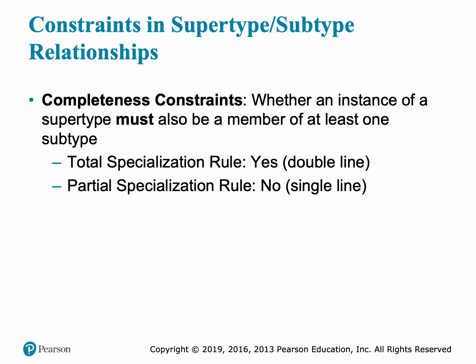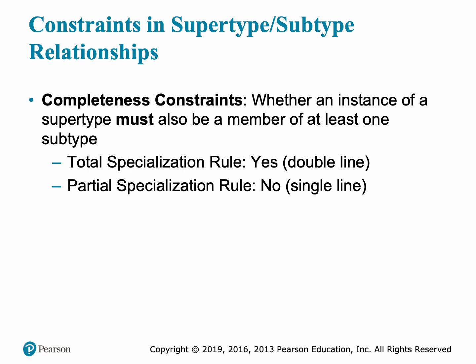Without this constraint, you might end up with person records that are not categorized, leading to incomplete or ambiguous data. This constraint helps maintain a clear and organized classification of individuals within the university. So, there are two types of constraints in supertype and subtype relationships.